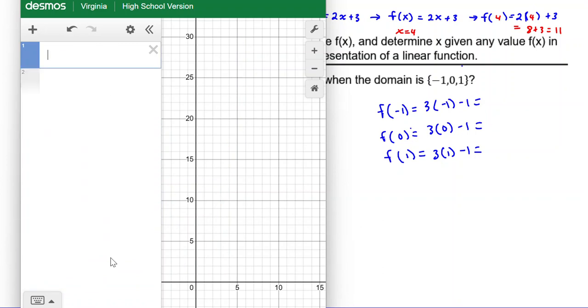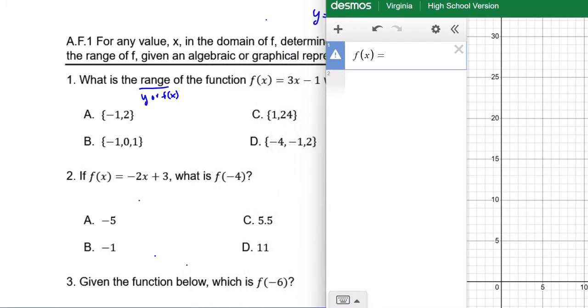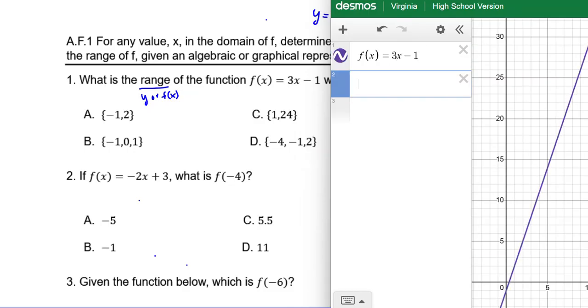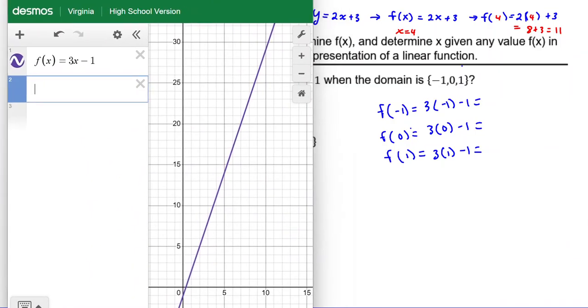All right, so we have a function. Let me go ahead and put in the function. f of x equals 3x minus 1. And then we're looking for when the domain is the same as x.